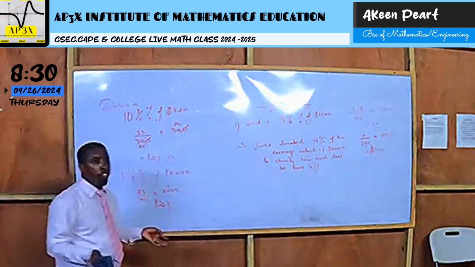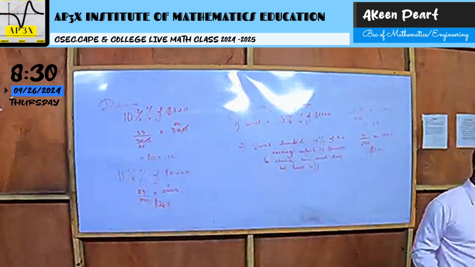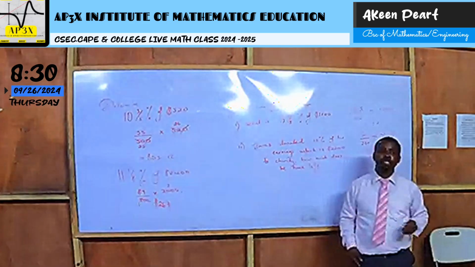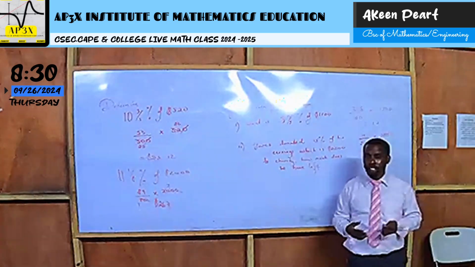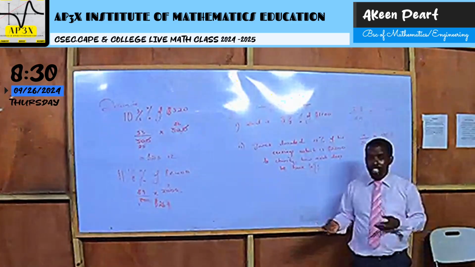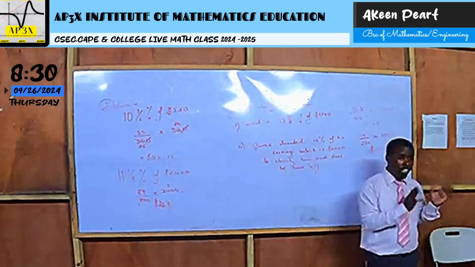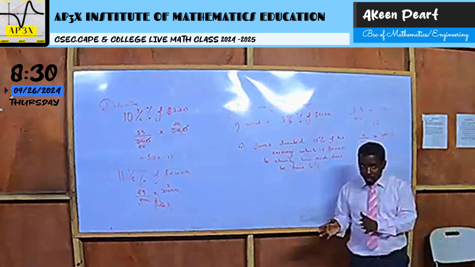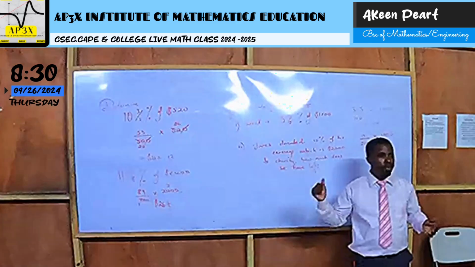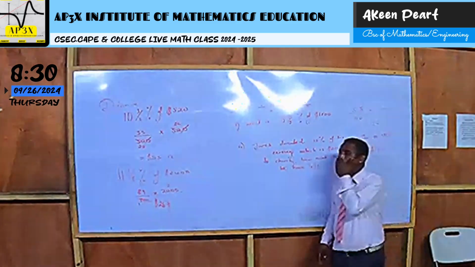It's going to be your responsibility, students, to know when you want the value of the percentage as opposed to when you're expressing a quantity as a percentage of another. It comes with experience. You do 10 questions, 5 of this one, 5 of that one, and after a while you're going to know: multiply by 100, divide by 100. Take down this example.